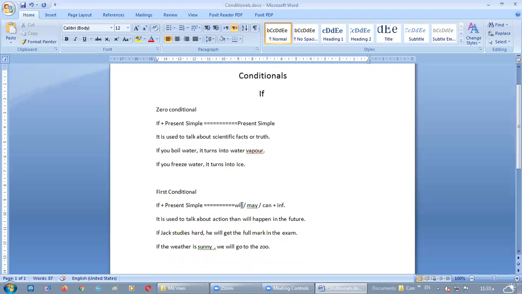When I ask you to start with will or may or can plus infinitive, then plus if plus present simple.